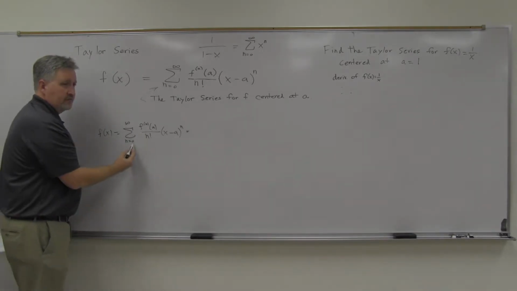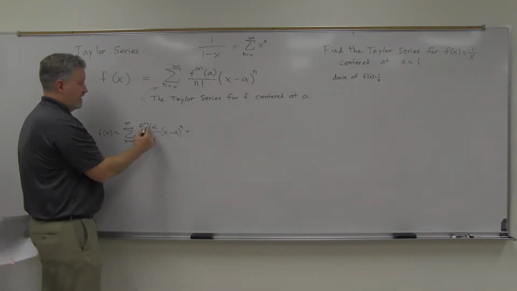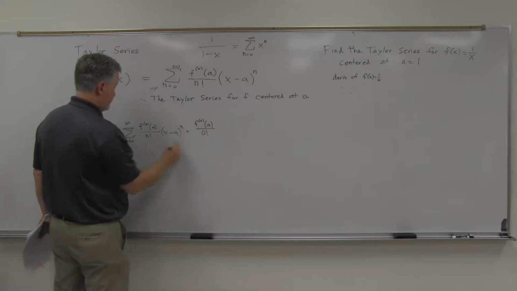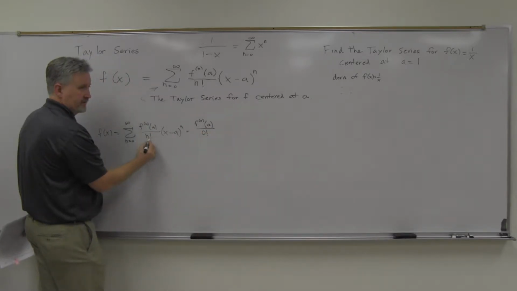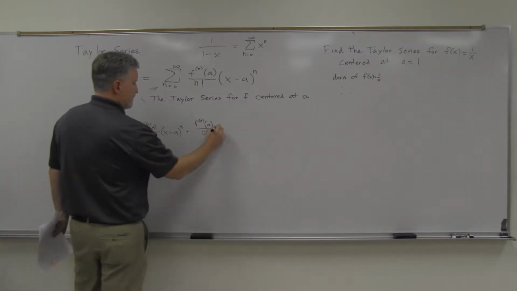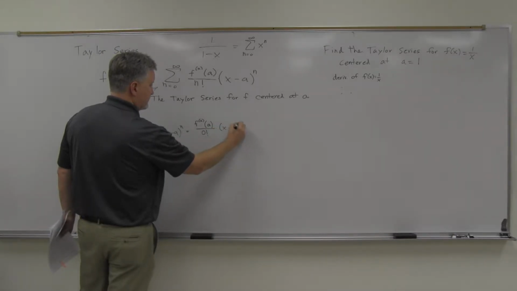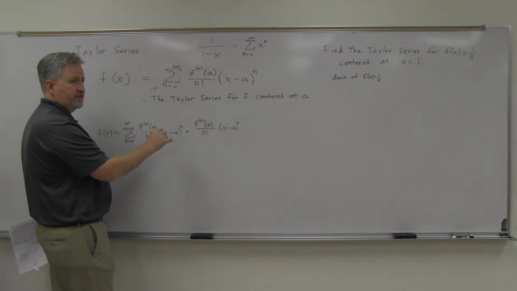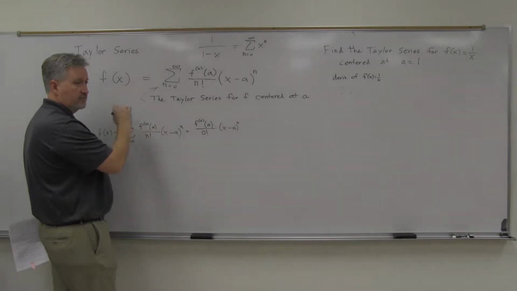We start at n equals 0, so if I write it out, that first one would be f parentheses 0 at a divided by 0 factorial, plugging in the n here, times x minus a to the 0, right? If I write them out term by term, I'm just plugging in n equals 0, 1, 2, and 3.